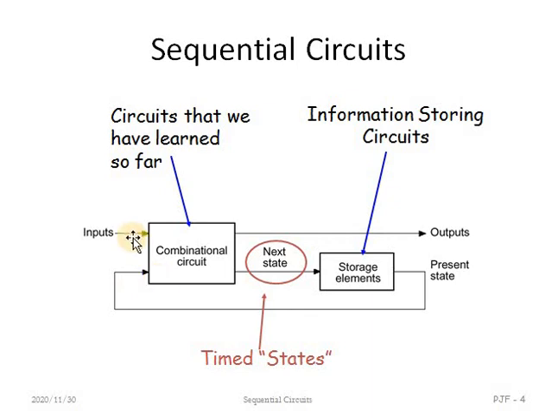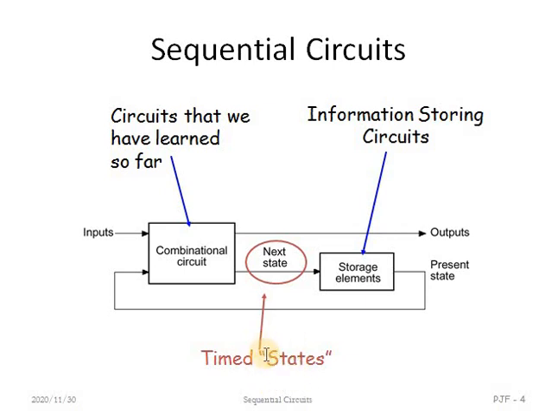So the combinational circuit has two inputs. One is a normal input and another is a feedback path from the storage element. That is the next state. The combinational circuit produces the next state and outputs.